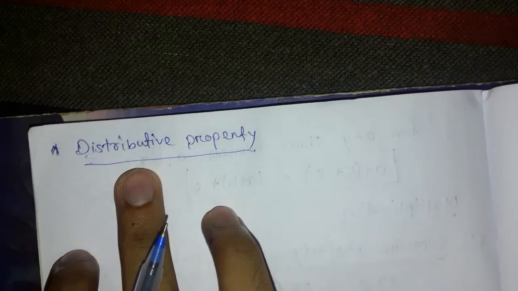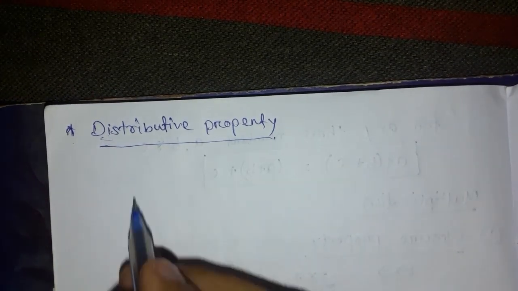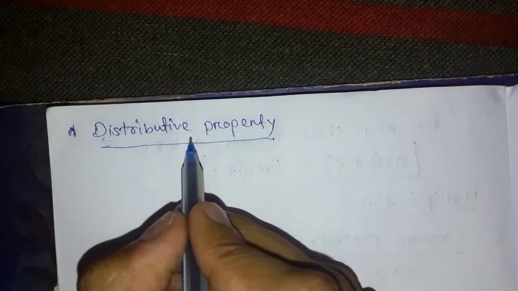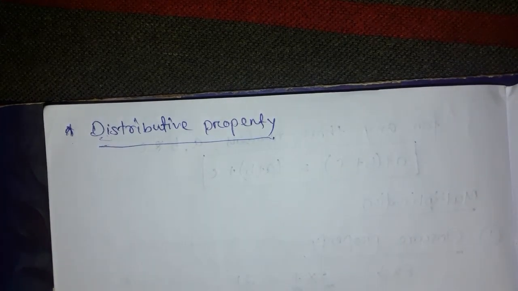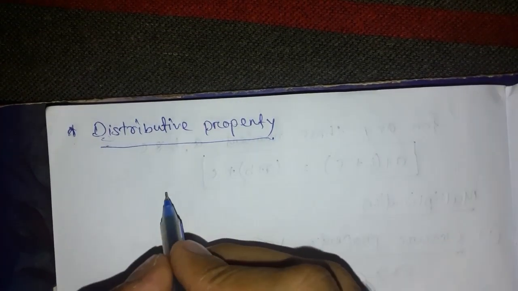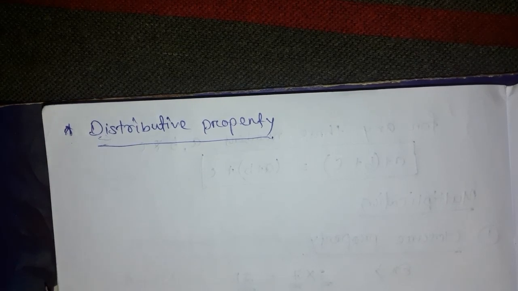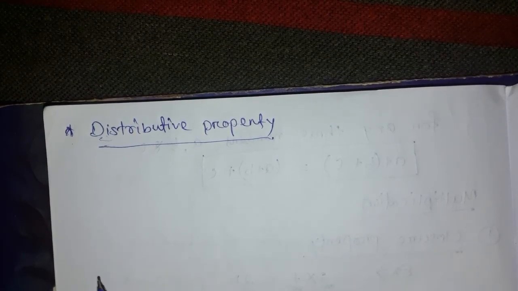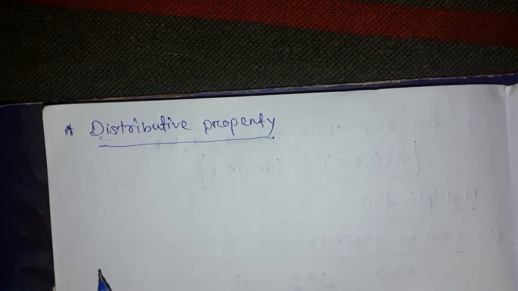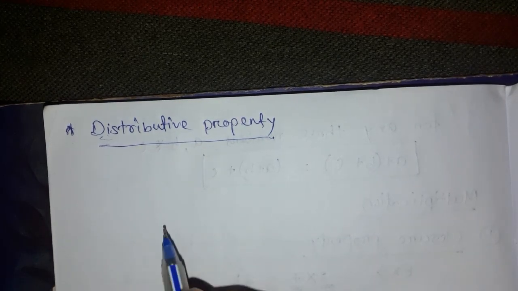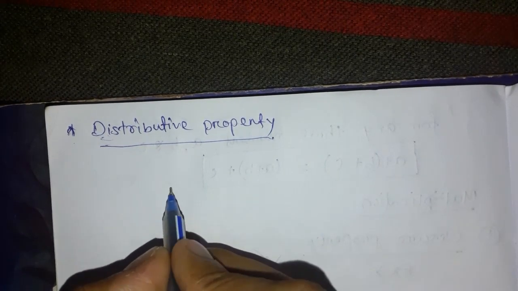By the name only we can know: distributive means distribution. Distributing the numbers to solve the question is called the distributive rule.